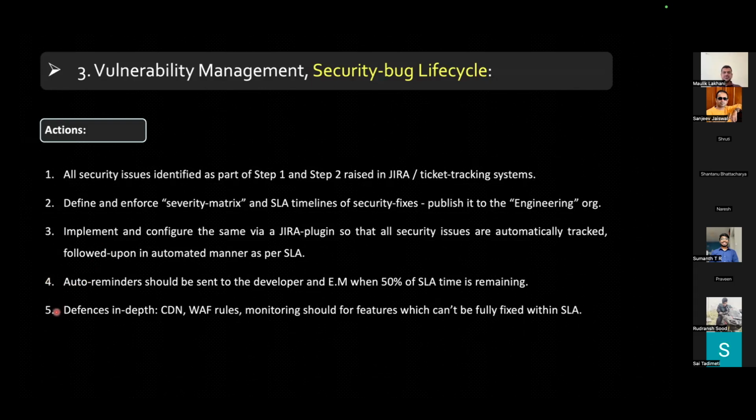Then there will be certain security issues initially which are likely to go beyond SLA. You can't become a ruler for your engineering. Your engineering says that we are occupied in terms of bandwidth. We understand that this is an important security issue, but we cannot fix it right now. So you start defining defenses around that security issue, which will lower that severity, or which will lower the likelihood of that security issue being exploited in real life. So we'll start putting those assets behind a CDN, and you will optimize your WAF rules.